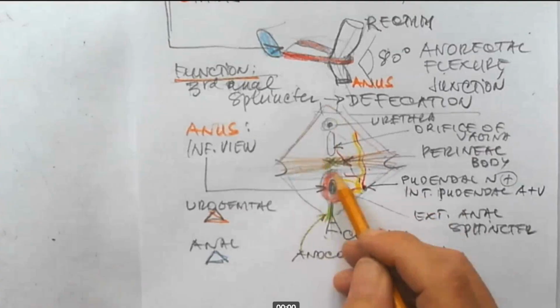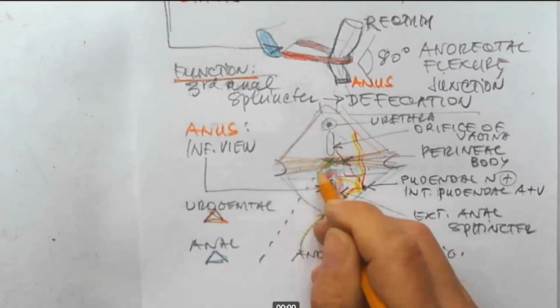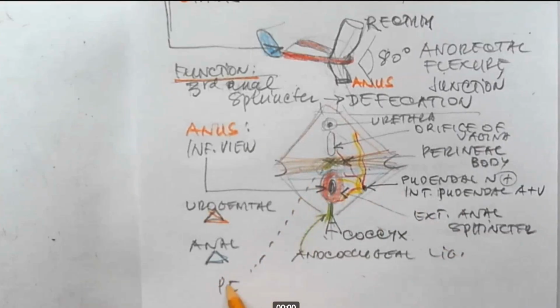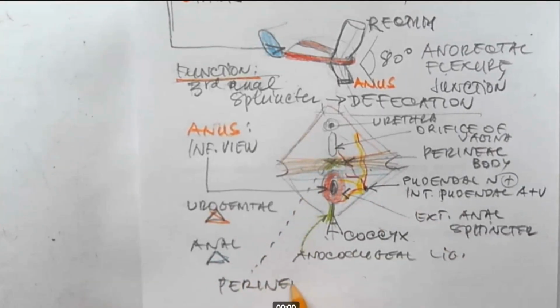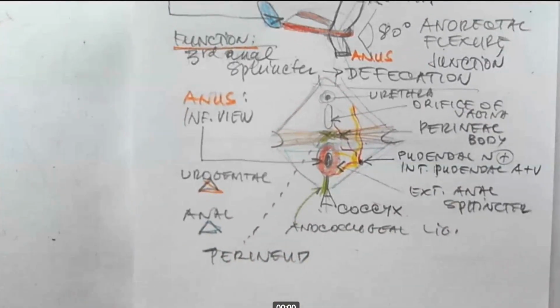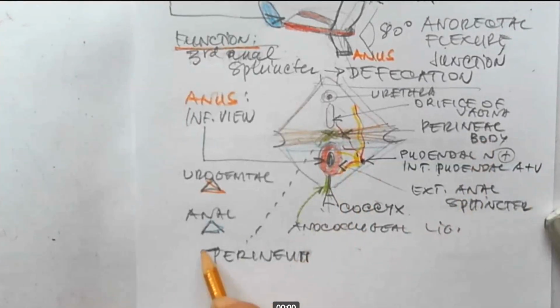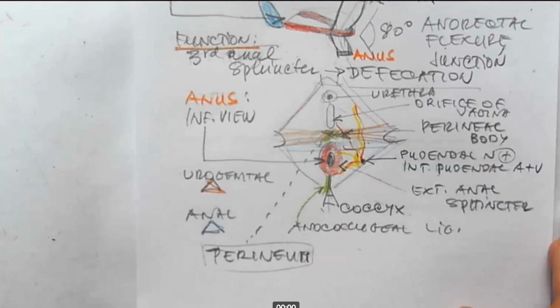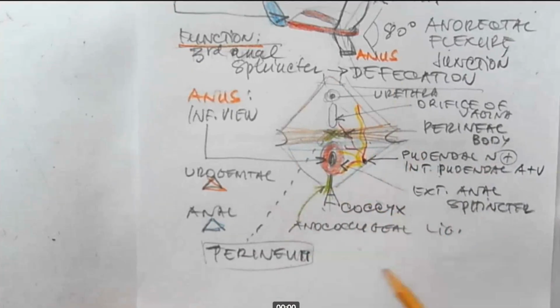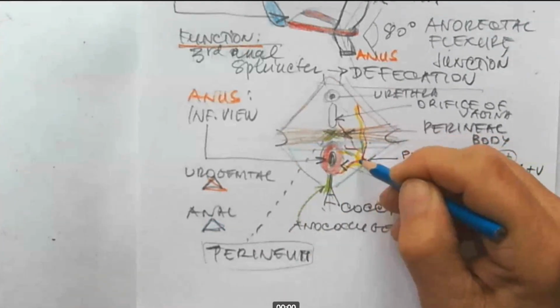So this area is the perineum, don't forget that. There are so many interesting structures, so the perineum will be explained separately in the lecture next week. We know the vessels and nerves supplying the perineum, and of course they must run together with the vein, so the vein must be mentioned.